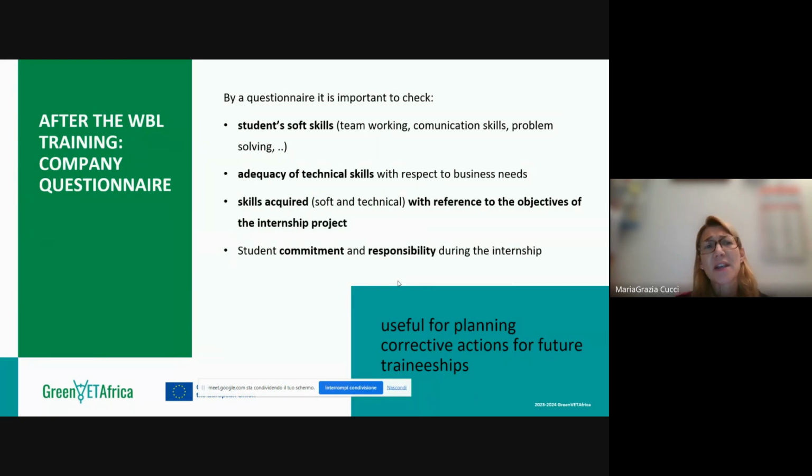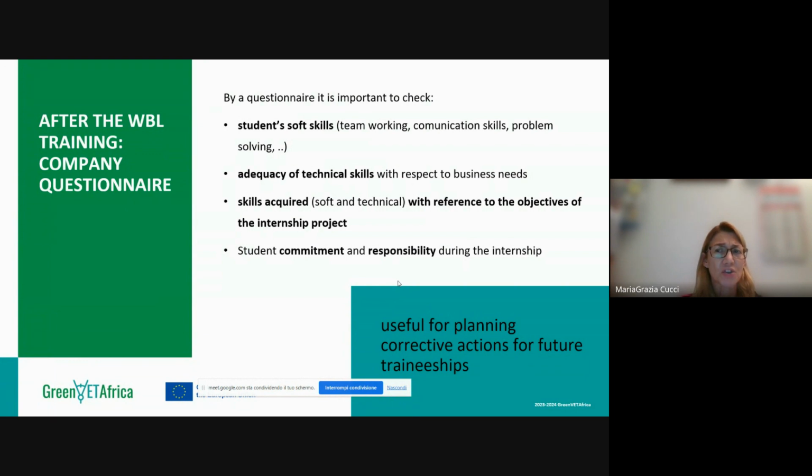We also give a questionnaire to the company tutor. In this case, what do we want to check? We want to check the student's soft skills. How was the student during teamwork? What were his or her communication skills?